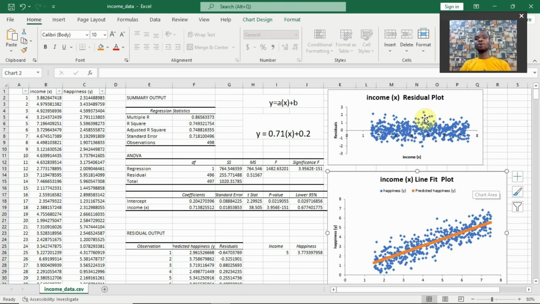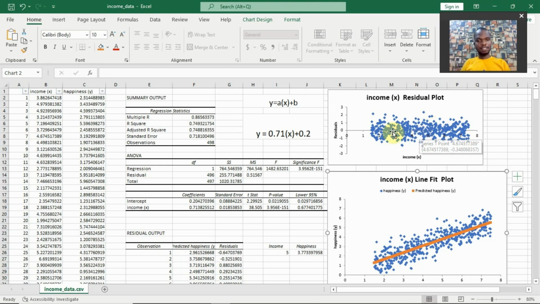Okay, so a residual plot would help you to check the linearity of your data, so you can proceed to say that it is a linearly related data.